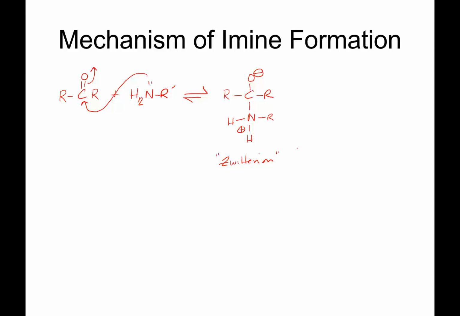Now, that molecule's not going to want to stay in its ionic form, so the hydrogen is going to transfer from the nitrogen to the oxygen. Sometimes people will just write that with the arrow here, showing that it'll pick up the hydrogen from the nitrogen, so I'll end up with an OH, and now with an NHR.